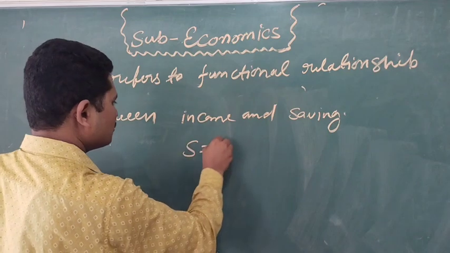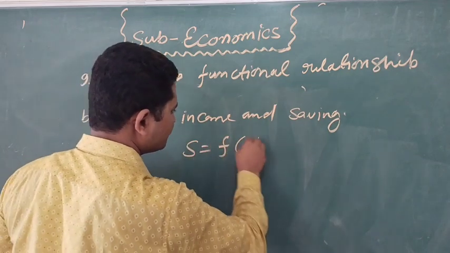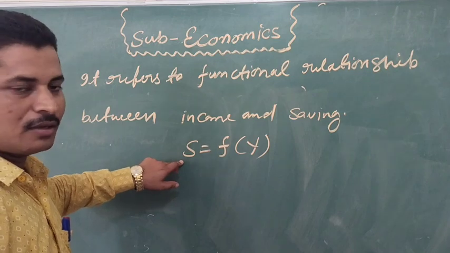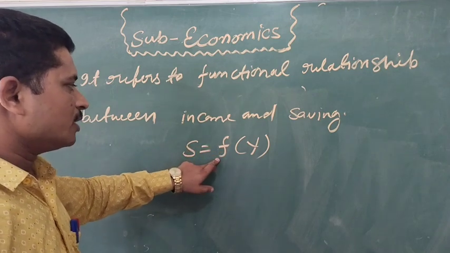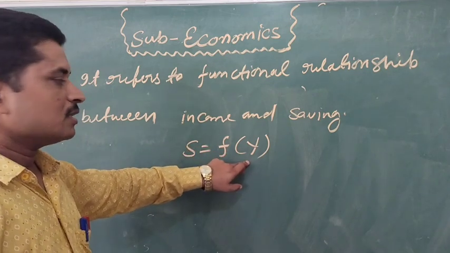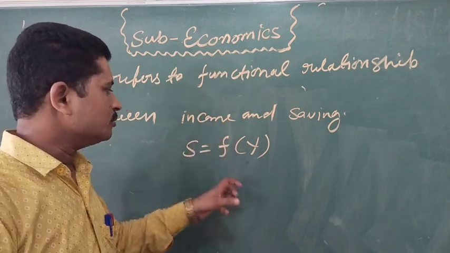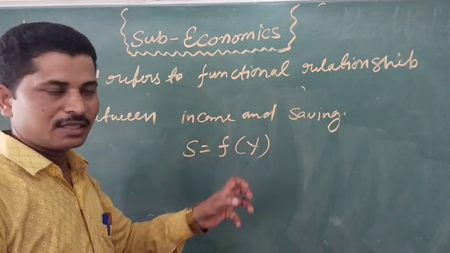It means saving is equal to a function of income, where S is saving, F is the functional relationship, and Y is income. It means saving depends upon the level of income. When the level of income increases, the saving increases.